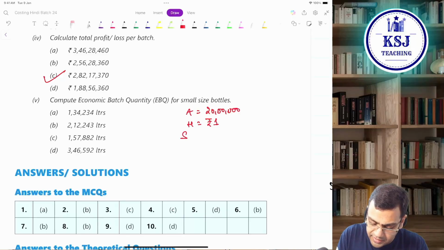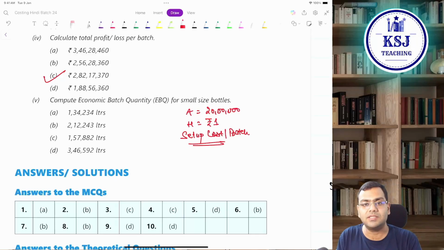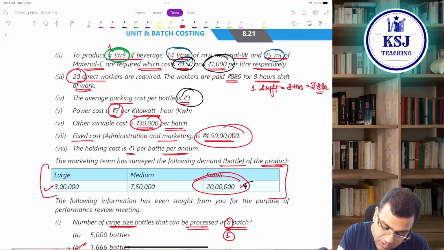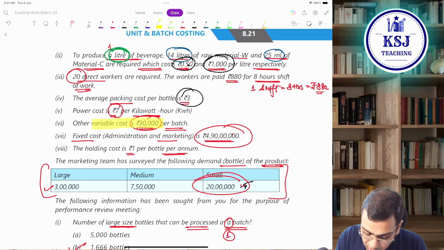Then next what we need is setup cost per batch. Now, how will you calculate the setup cost? Setup cost means the cost to get the batch ready. There are two types of cost being incurred. One is the cost which is given, variable cost per batch.